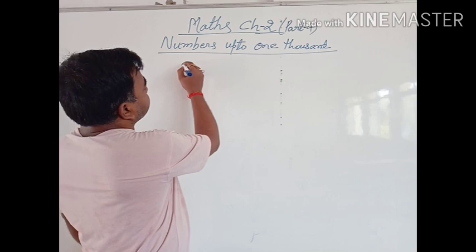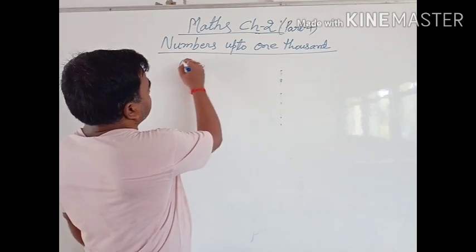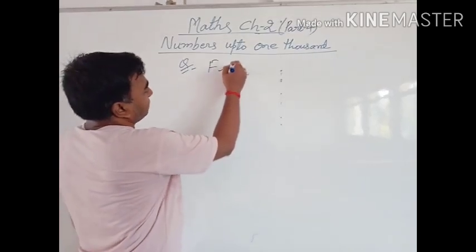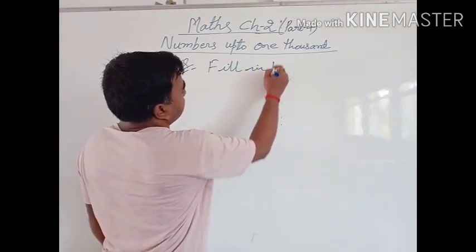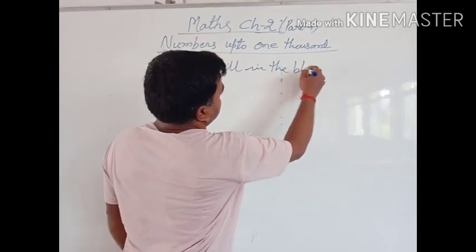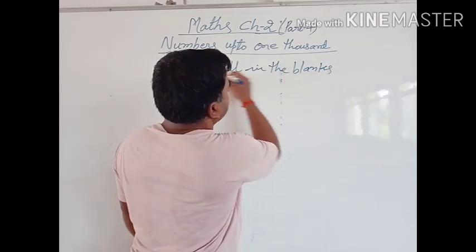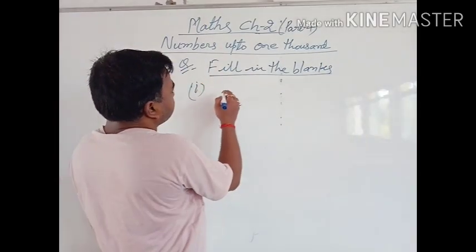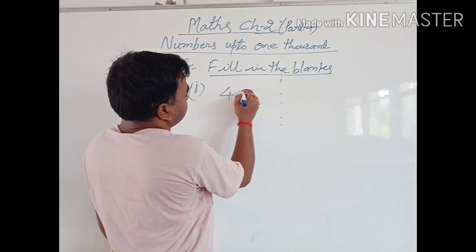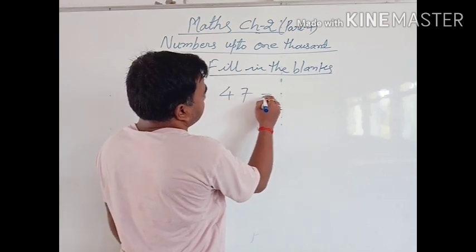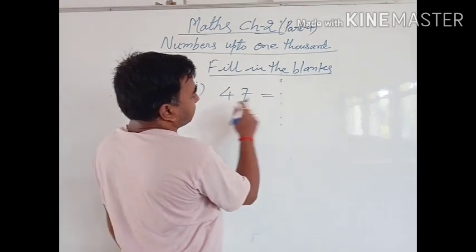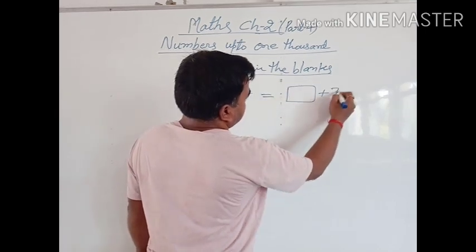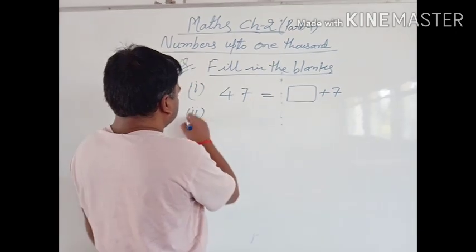For example, I am going to write a question. The question is fill in the blanks, related to place value. For example, I have written 47.